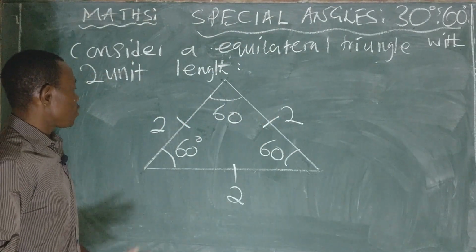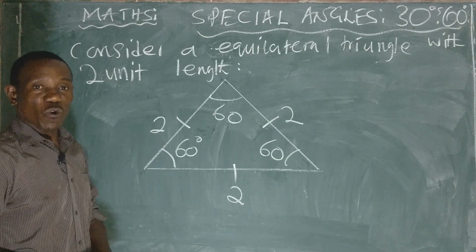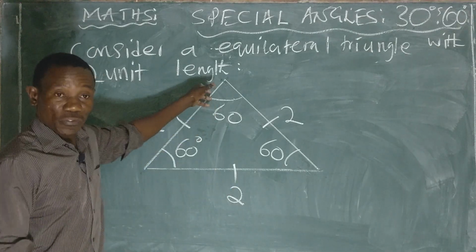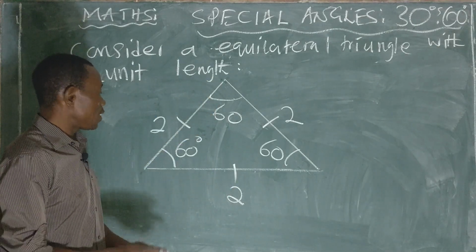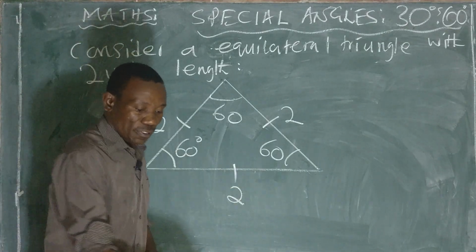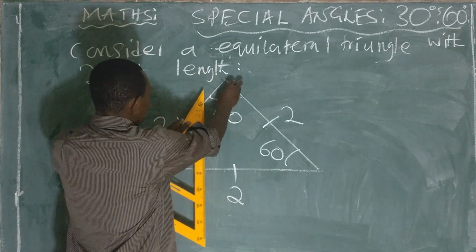Now, for us to have a 30 degrees angle in the same triangle, we need at least to construct a perpendicular height that attaches to one of the vertices of that triangle and meets one side at 90 degrees. So in this case, I can construct a perpendicular distance from this vertex here.